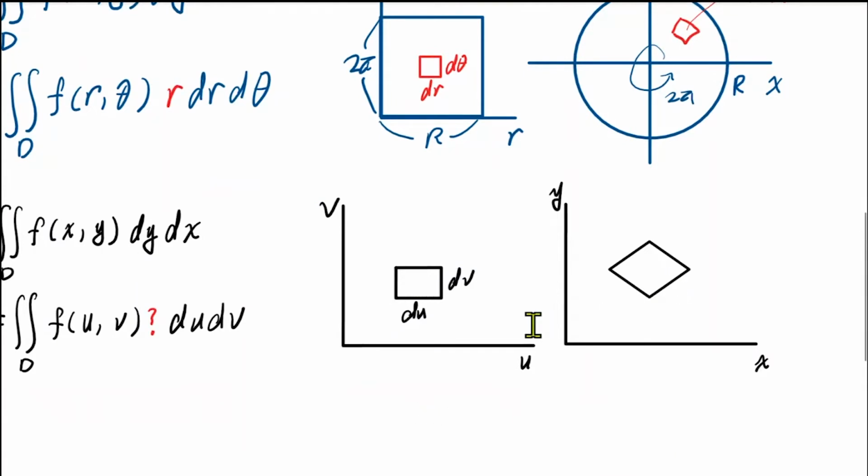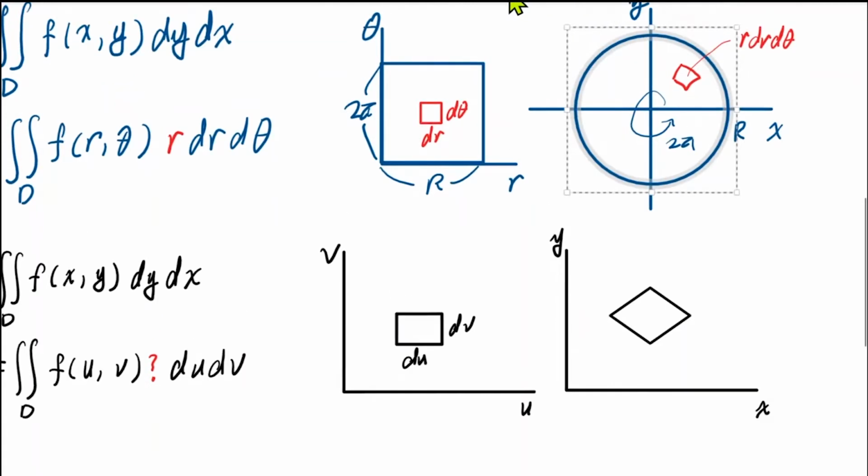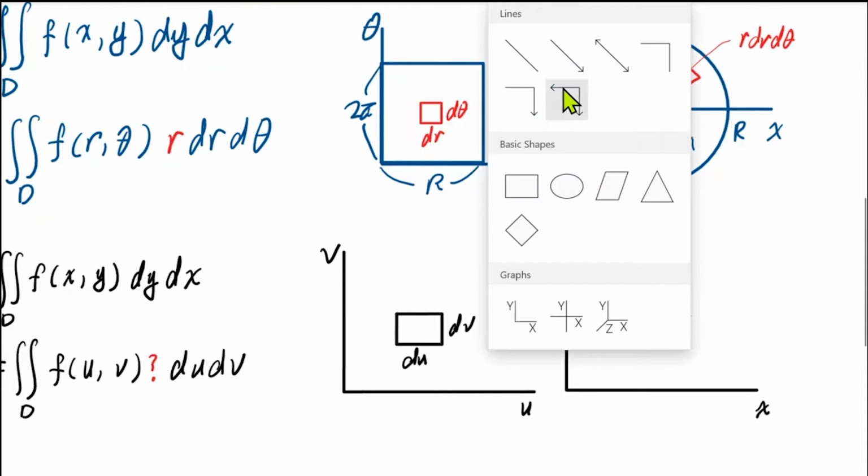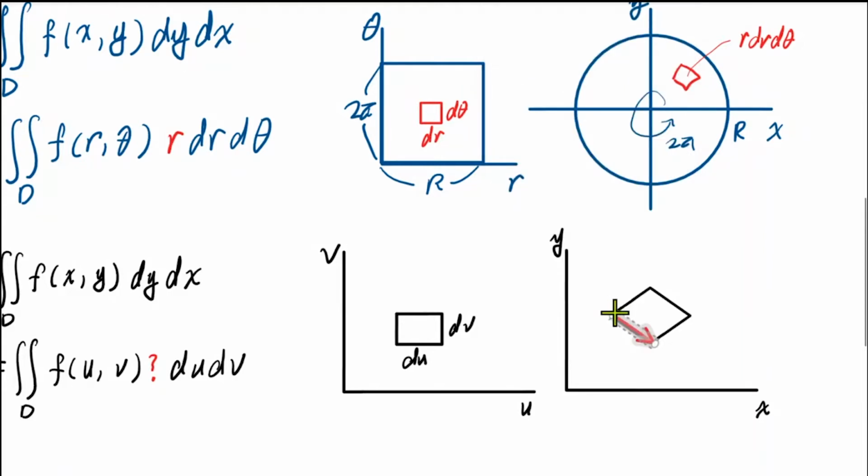That's no longer a rectangle. But if it's infinitesimal size, then we can look at it as a parallelogram. You get the idea? Okay, so in order to come up with the area of a parallelogram, we just need a couple of things, right? Do you remember the parallelogram area formula? We need two vectors, right? So we need this vector right there. That's one vector we need. And we need another vector like that.